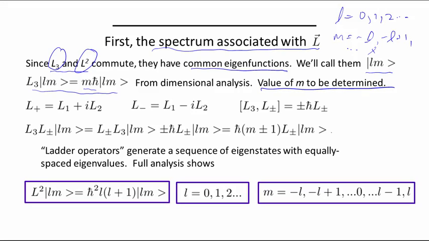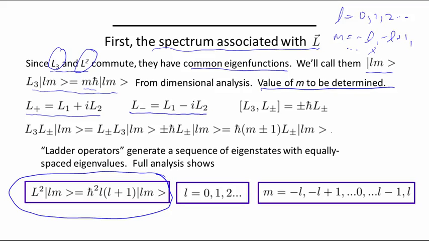Okay, now, in order to prove the spectral property of the angular momentum operator, it's straightforward to prove it if you define these two operators, L plus and L minus. These resemble to some degree the creation and annihilation operators of the harmonic oscillator problem.